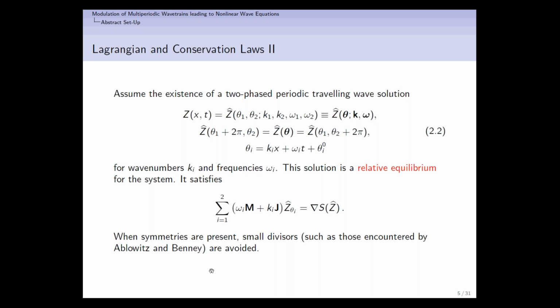And so their solution, Z hat, wouldn't exist for all values of the parameters, which could be fairly problematic for us. However, Tom and his PhD student at the time, Fiona, they did a paper in 2001 where they showed that if your Lagrangian has symmetry groups, then your solution is smooth for all your parameters. And so it exists for any choice of θ, k, and omega. It might not be physical for all of those, but it exists for all of those. Okay? And so we're going to assume we're in that case, so that our solution doesn't blow up.